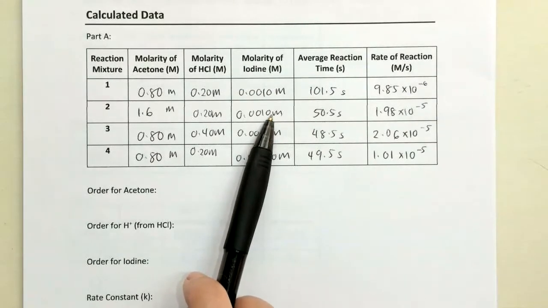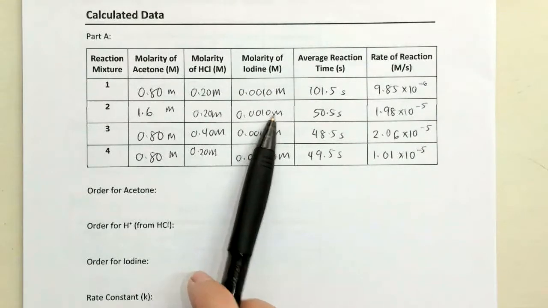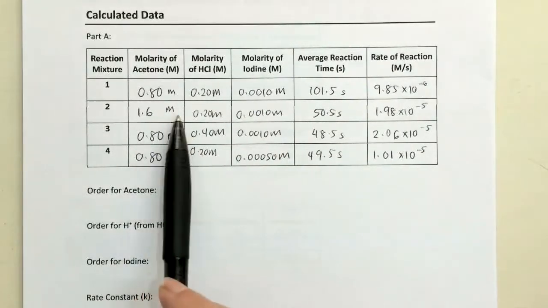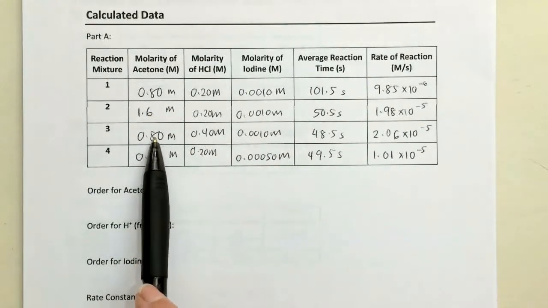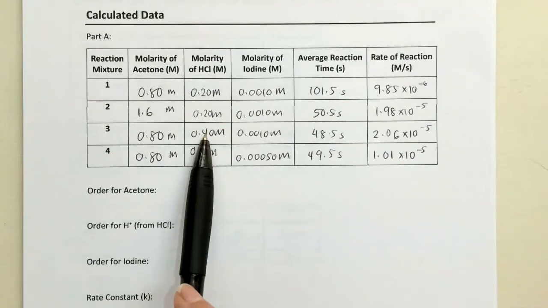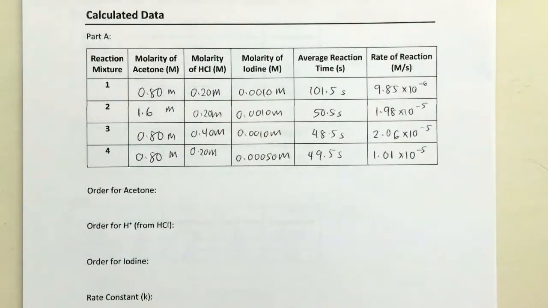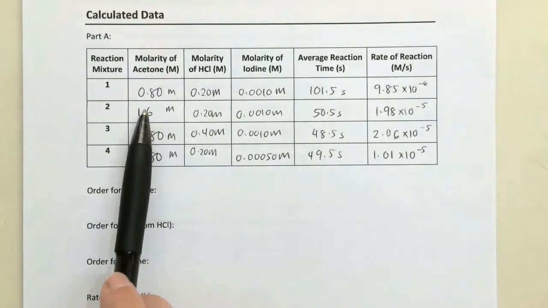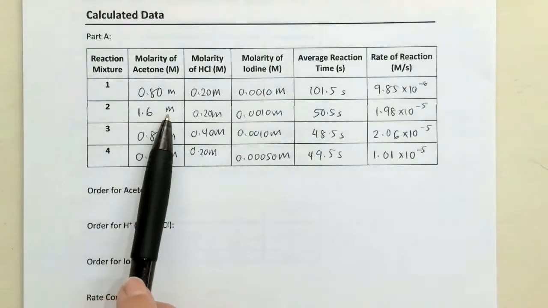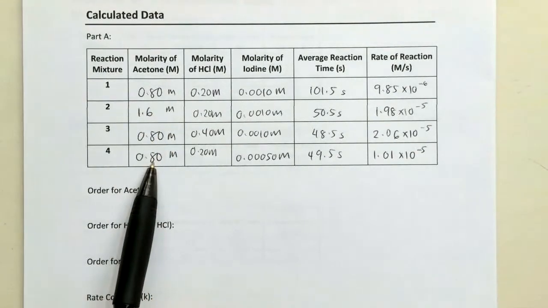Say someone said, well, what about we use lines 2 and 3? Can we use that? Well, I wouldn't use lines 2 and 3 because yes, acetone is changing, but HCl is changing also. That's not good, okay? And iodine is not changing. So you need to have only one thing that changes and the other reactants stay constant. What about we take a look at lines 2 and 4? Lines 2 and 4, we have 1.6 and 0.8, okay, that's changing.